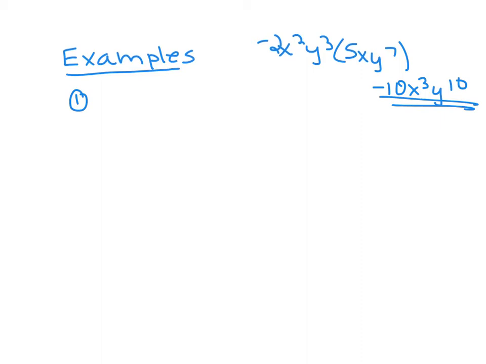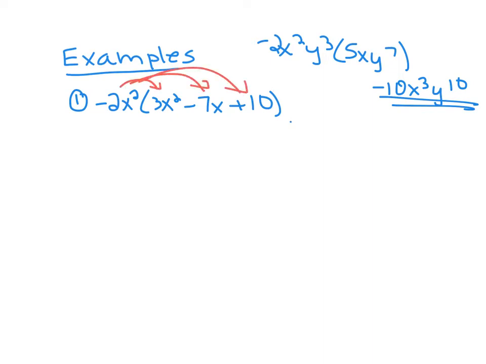Now the difference is it's going to be something like negative 2x squared times 3x squared minus 7x plus 10. Now you have a monomial, the negative 2x squared, and then the trinomial. Basically, all you're doing is distributing. So you're still multiplying just like you would have done before, except now you've got to multiply the negative 2x squared and the 3x squared.